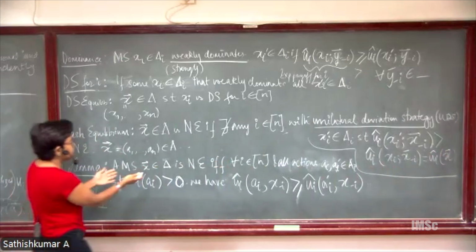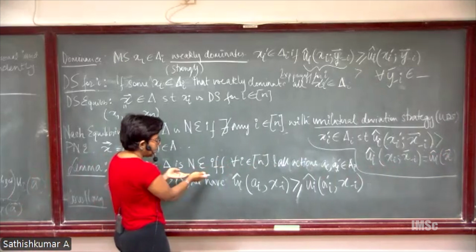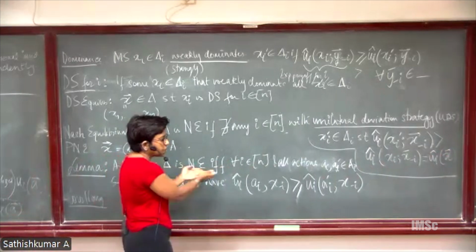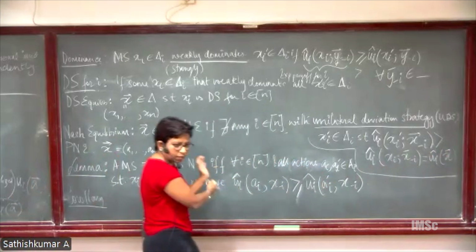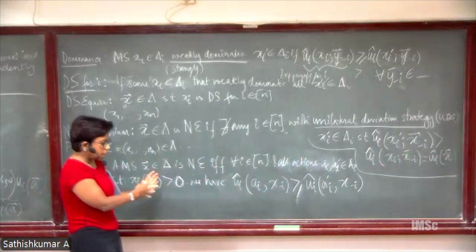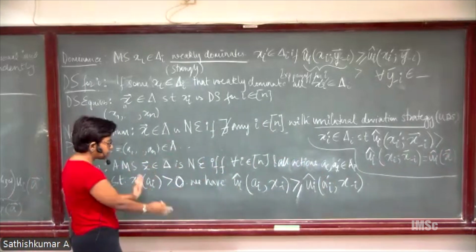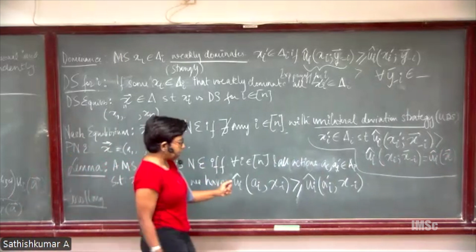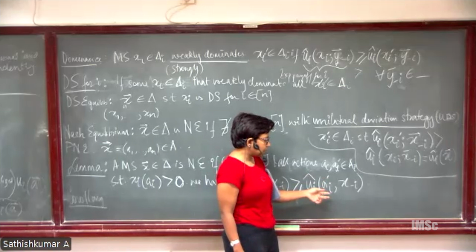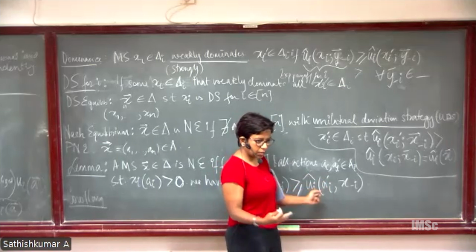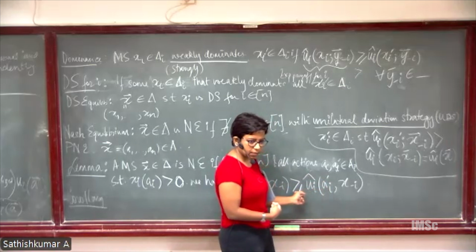So if X, you assume this to be true, if X is not a Nash equilibrium, there should be some pair, a_i and a_i prime. One of them is in the support, and the other one I don't know. And then this thing reverses. The one that is not in the support becomes strictly more than the one that is in the support.